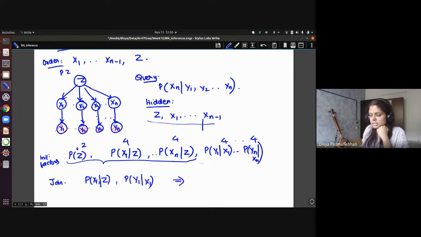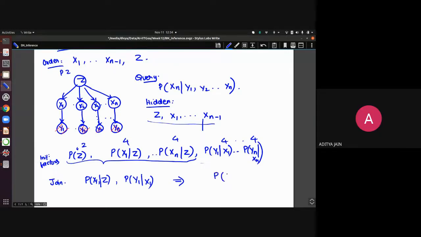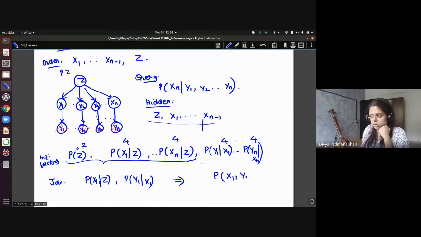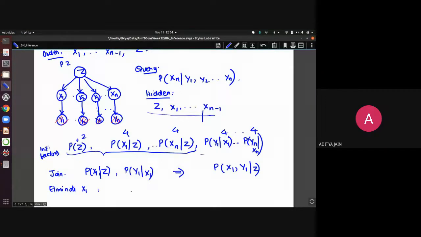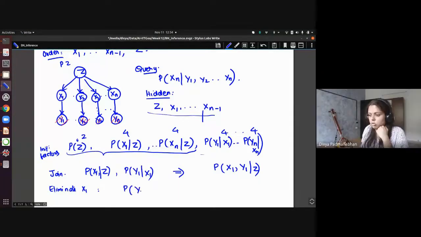What's the new factor you get? x1 comma y1 given z. Now you do an eliminate of x1. What do you get? P of y1 given z, and all other factors remain.